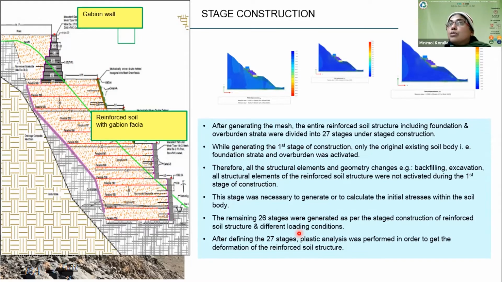So all these structural elements and geometry changes, backfilling, excavation, and the placement of the structural elements layer by layer, were not activated during the first stage of construction. Then the worst state was analyzed, that is the construction step where just the first few layers are placed, whereas the entire surcharge and entire subsurface flows are active. How much movement can happen at that time was assessed.